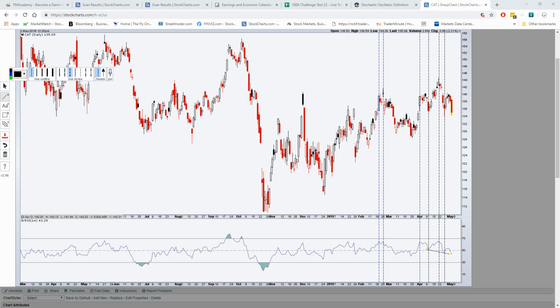At this point, we're set up for a potential failure swing. It doesn't always happen, but the setup is here. Where do you say, okay, you know what? This is where you short it. This is where you sell. This is where you say enough is enough, if you're long. If you're looking to go short, time to go.